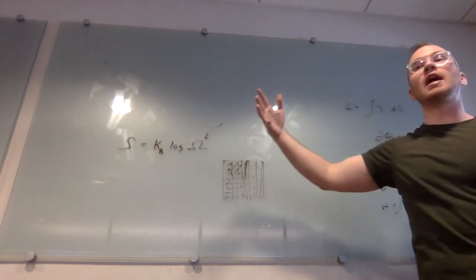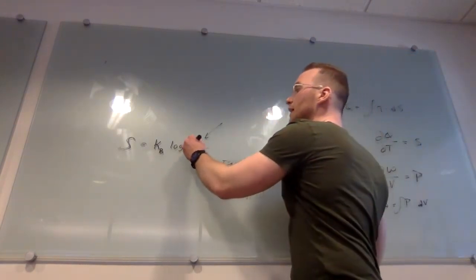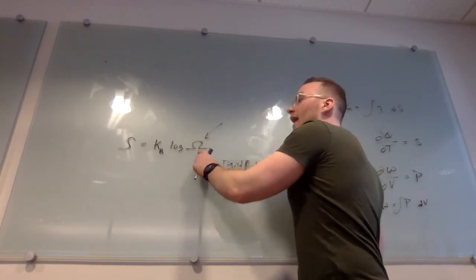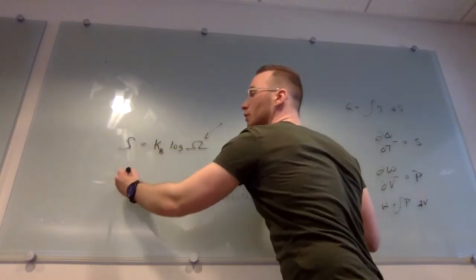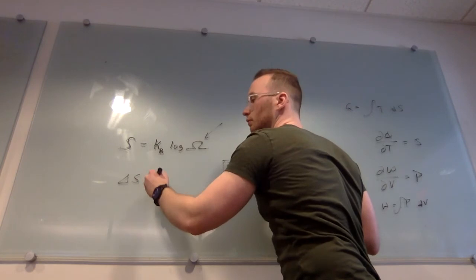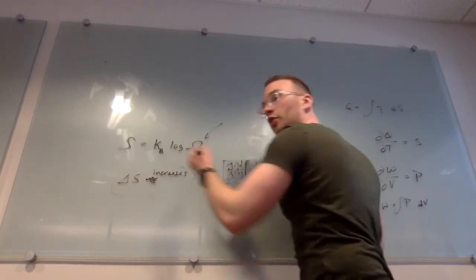So what this means is that if entropy tends to increase, then if you start your gas in a configuration that has very few microstates, it will tend to go toward more. This is the second law of thermodynamics, right?